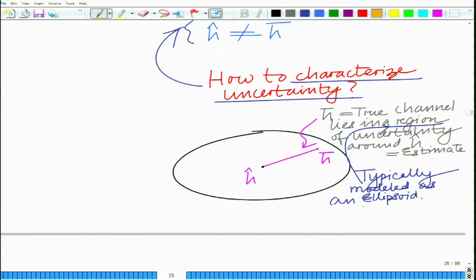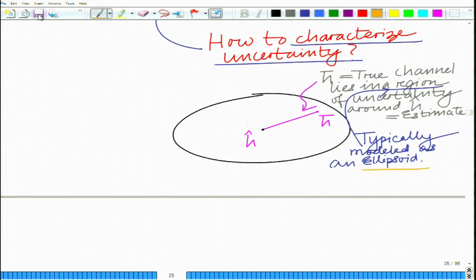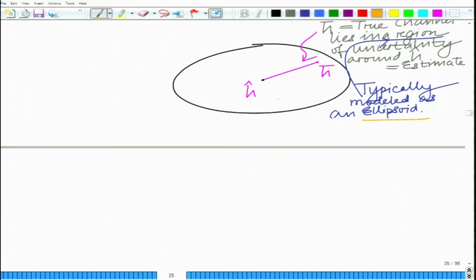So, we say that the true channel vector lies somewhere in an ellipsoid around h hat.